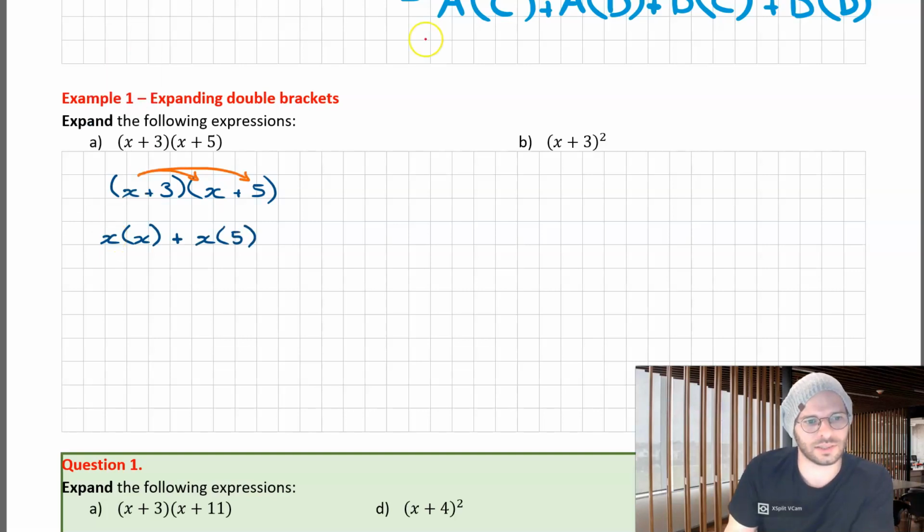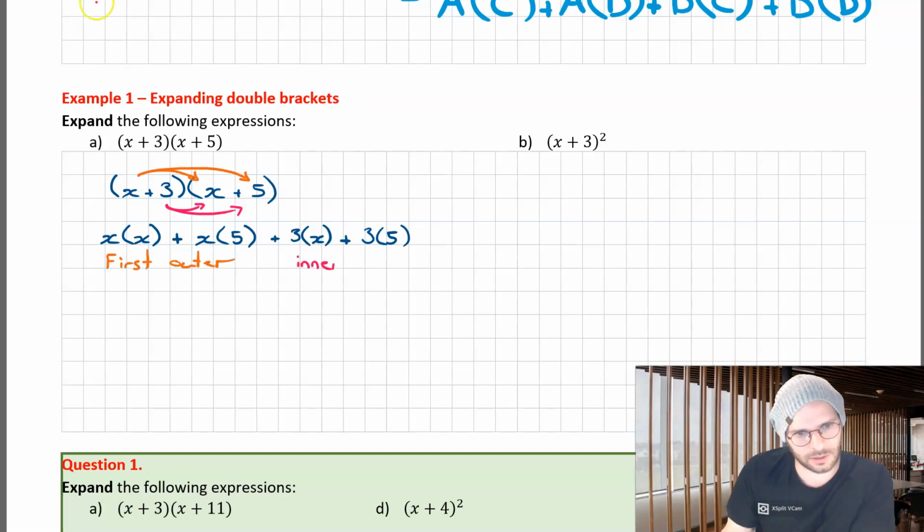Now we do the inner, last, so 3 times x, 3 times 5. So we're going to go plus 3 times x plus 3 times 5. So this is first outer, and this is inner last.